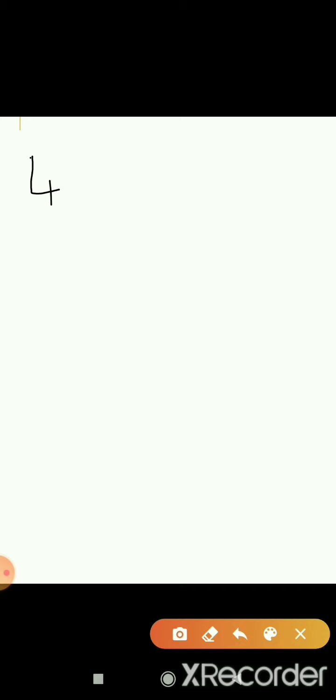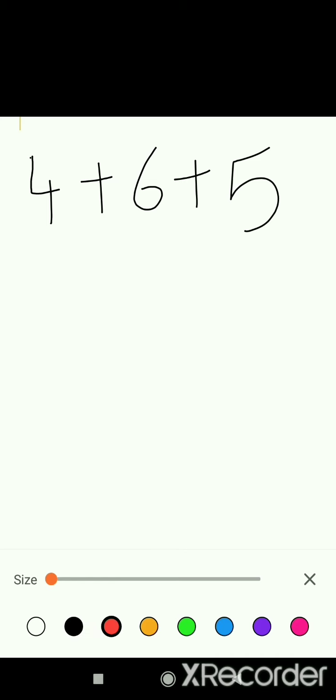Let us add 4, 6 and 5 together. Students, now as we have to add all these three numbers, we will look for a 10. The two numbers that make 10.